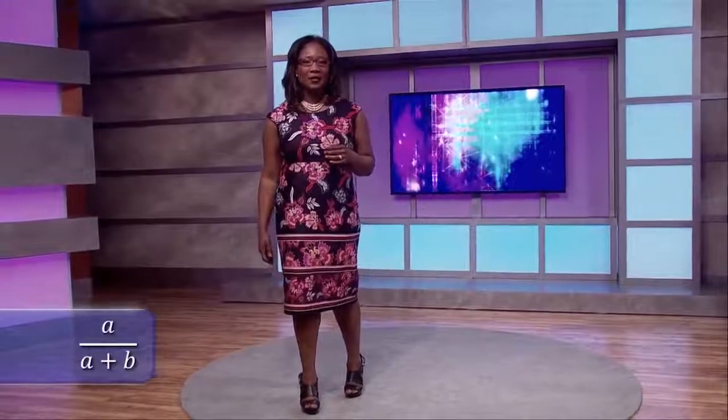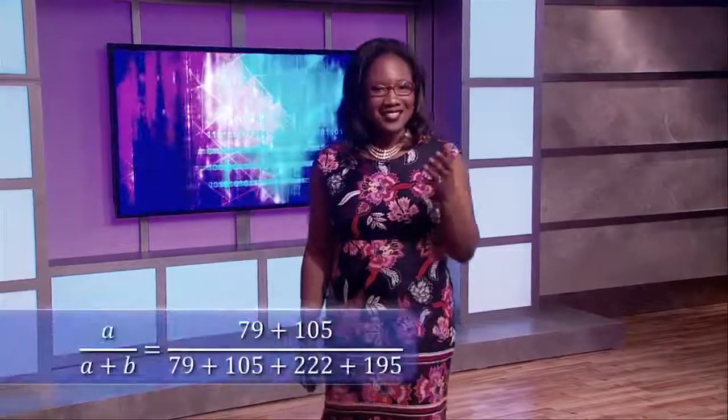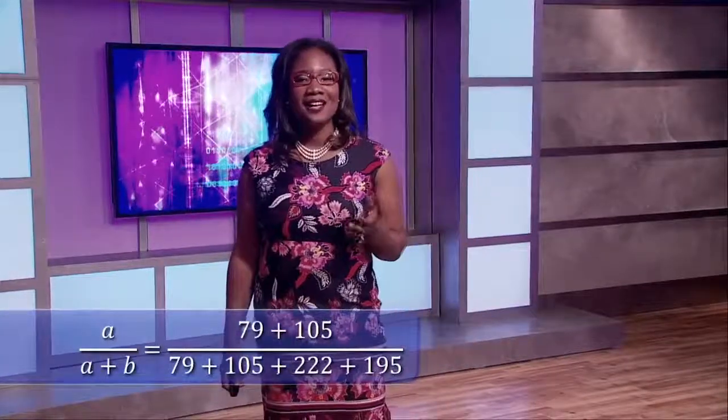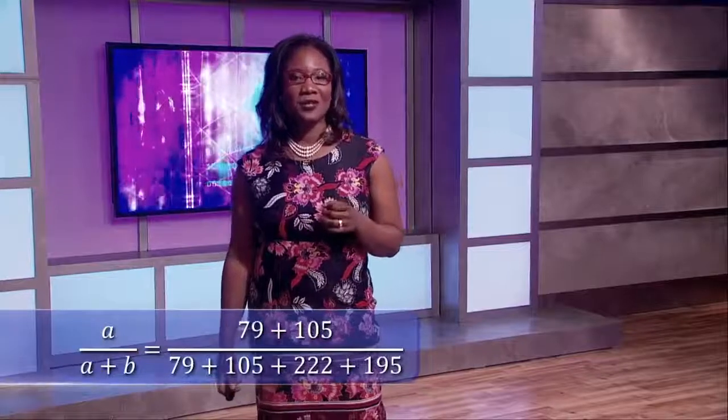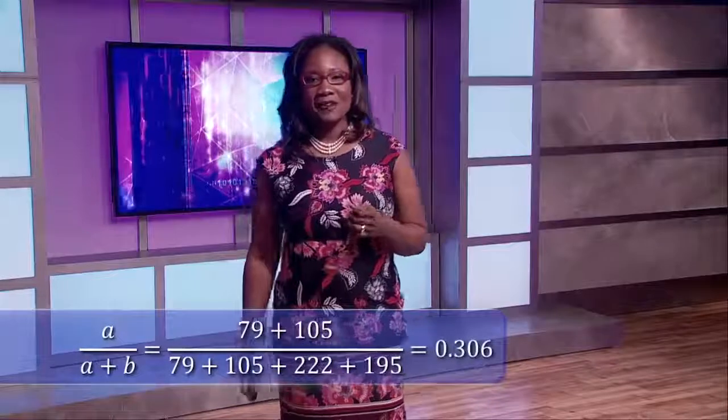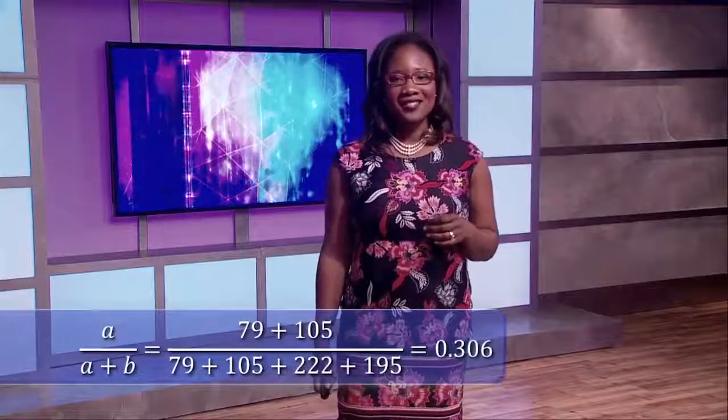In fact, we could calculate the new expected value of our posterior estimate. So this would give us an estimate of the player's batting average. We calculate that as A over A plus B. So after 105 hits and 300 real at-bats, the expected value of this new beta distribution is 79 plus 105 divided by 79 plus 105 plus 222 plus 195 to give us a batting average of 0.306.